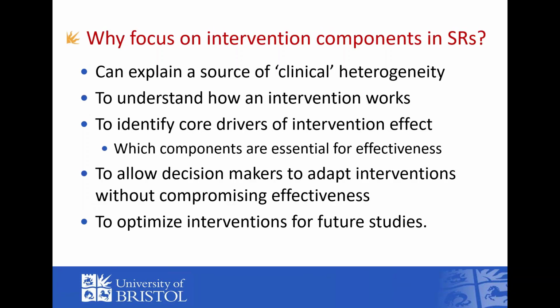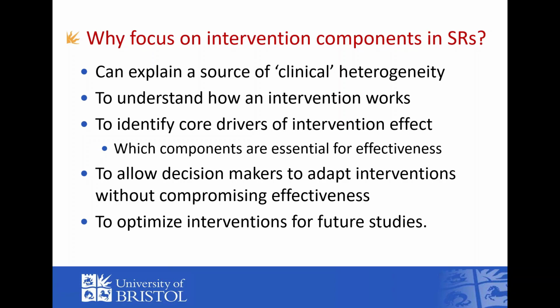So in a systematic review context, in this talk, we've already alluded to the fact that dismantling interventions by some key characteristic, as we did for the subgroup analyses, may be useful when we're exploring heterogeneity. So there's a utility within the systematic review itself.